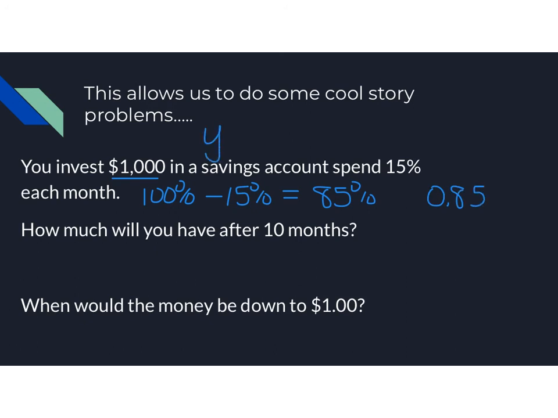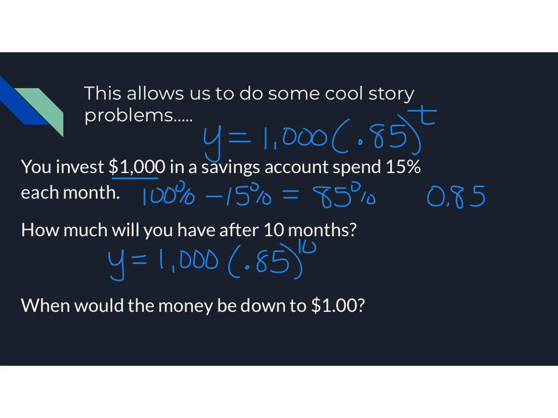So your equation is 1,000 times 0.85 to a power of t. If you want to figure out how much you're going to have after 10 months, again, that's your time, so you're putting in a time of 10 months into that value.